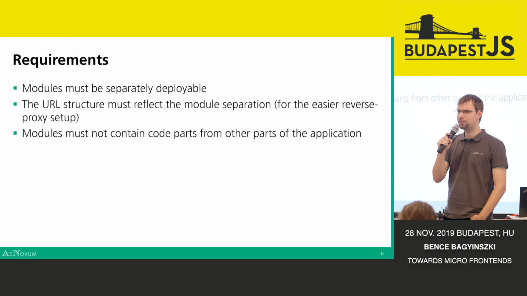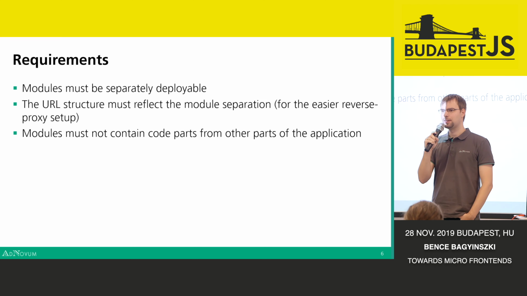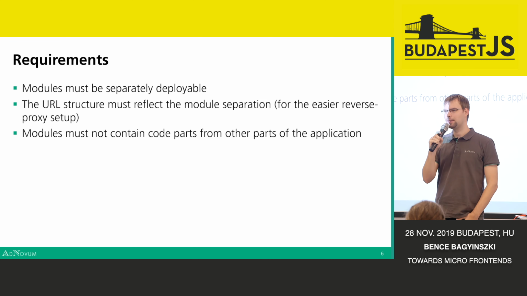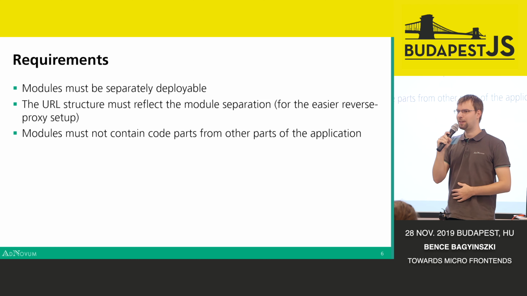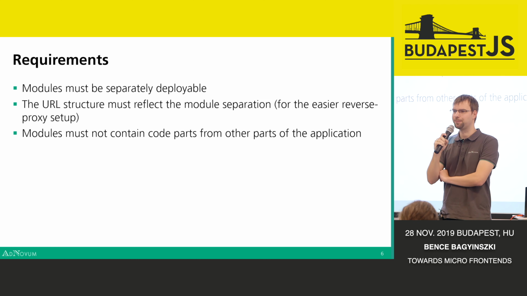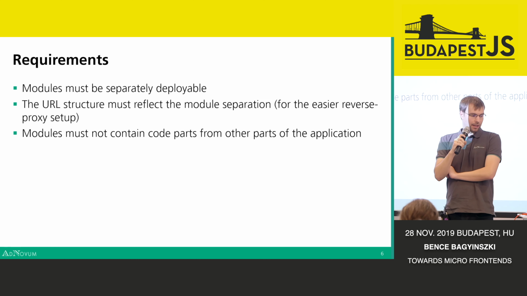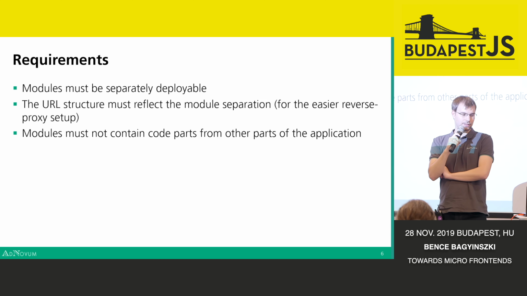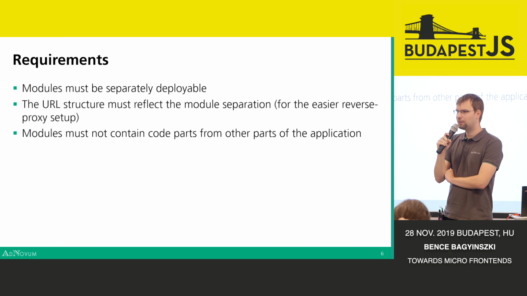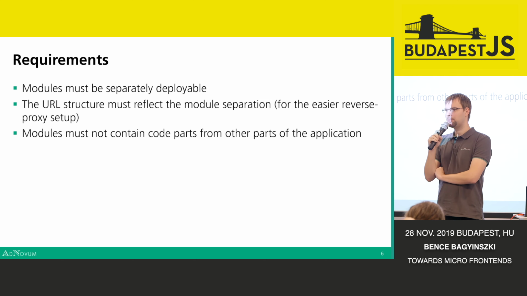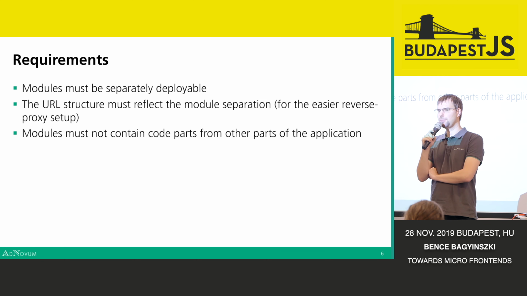They wanted to put these applications behind different reverse proxies in order to enforce different strengths of the authentication. And third, these modules must not contain any unrelated parts. That was important for them mainly because of security reasons.